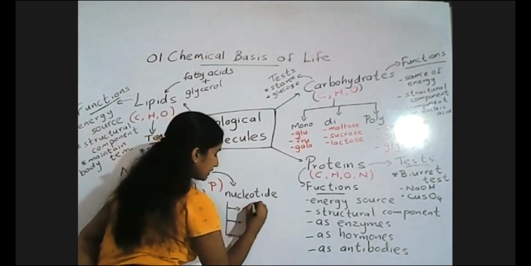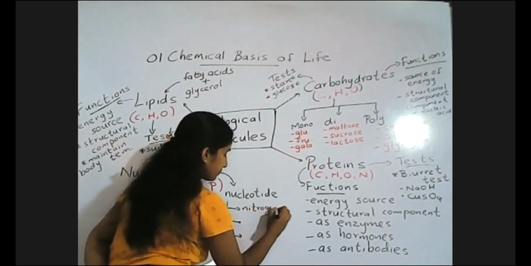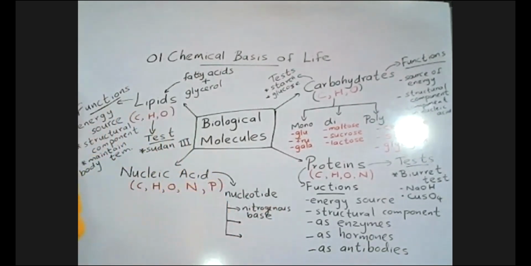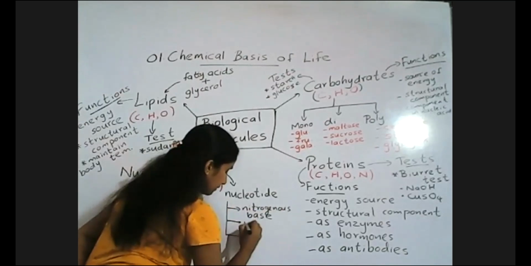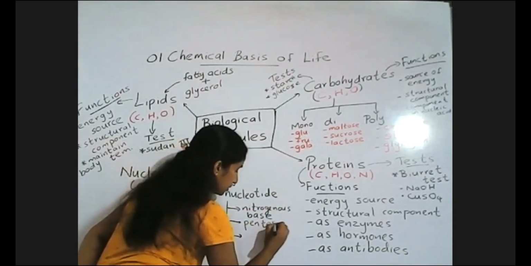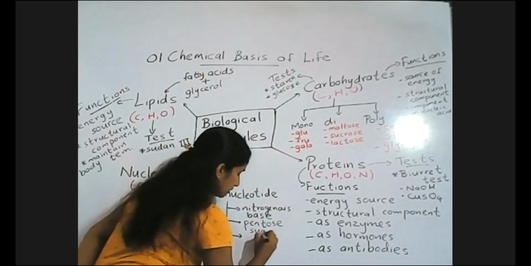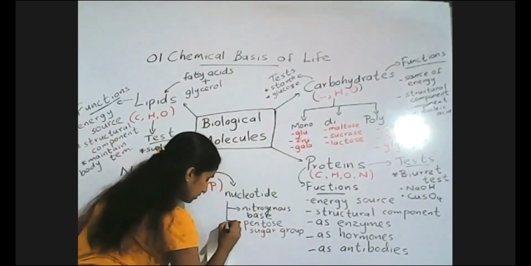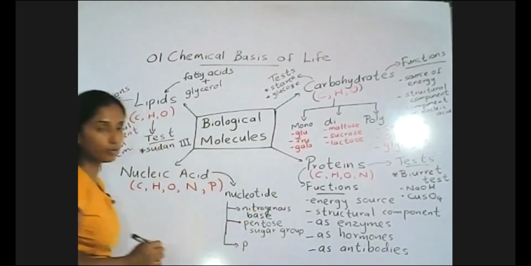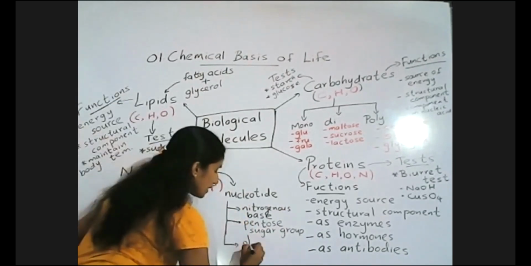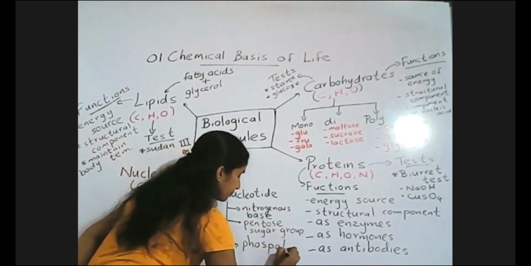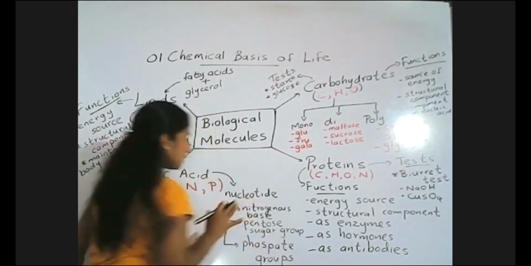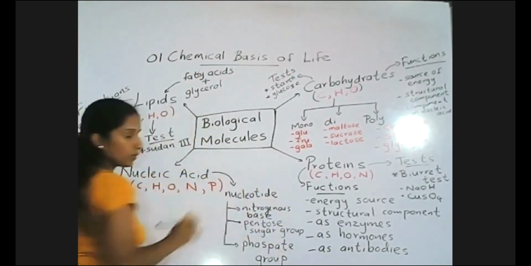Yes, the nitrogenous base is there, and the pentose sugar group is there, and the phosphate group is there. So these three are the main components in one nucleotide.